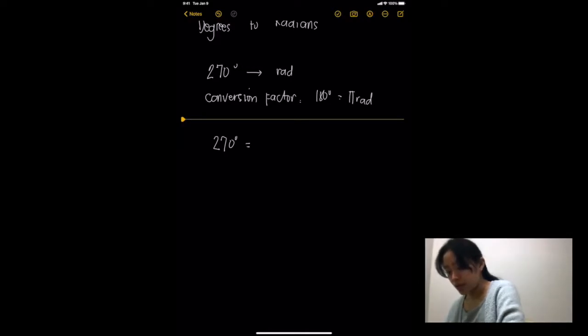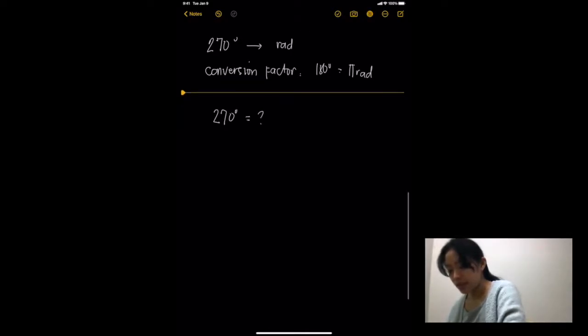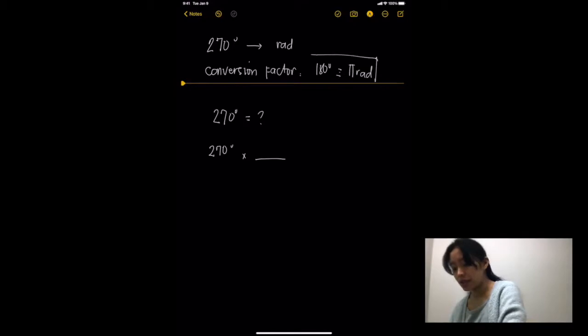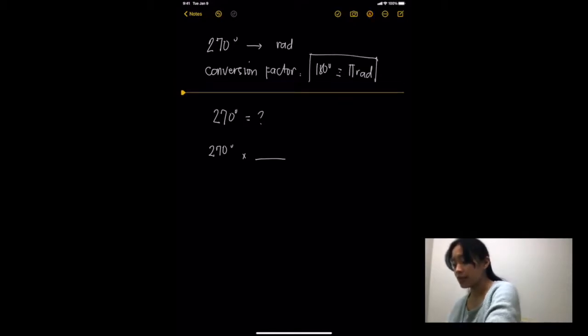Okay, so let's start with 270 degrees and convert that to radians. 270 degrees times our conversion factor, 180 degrees equals pi radians. The degree is in the numerator, so I'm going to write 180 degrees in the denominator and copy pi radians.